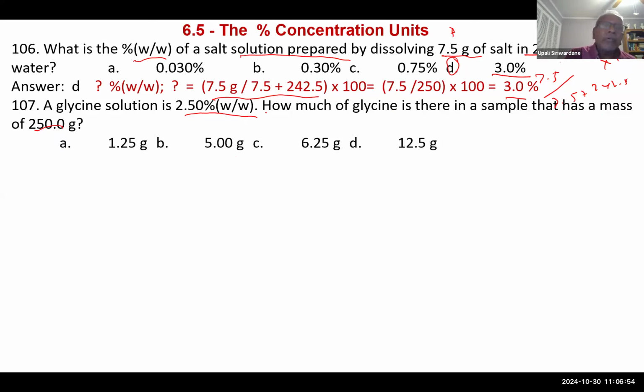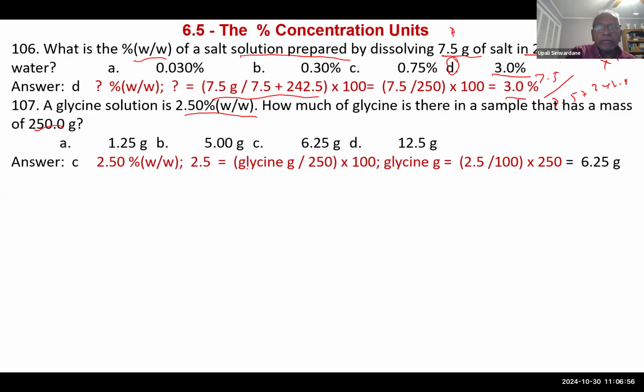Therefore, you have to calculate 2.5 is glycine divided by 250. That's the total volume, 250. So glycine is calculated here, 6.25.